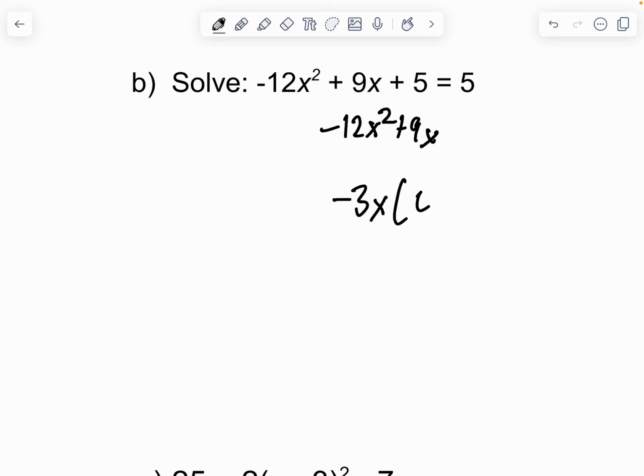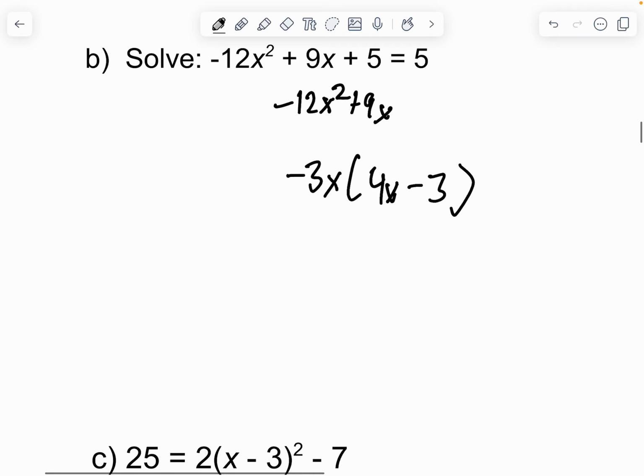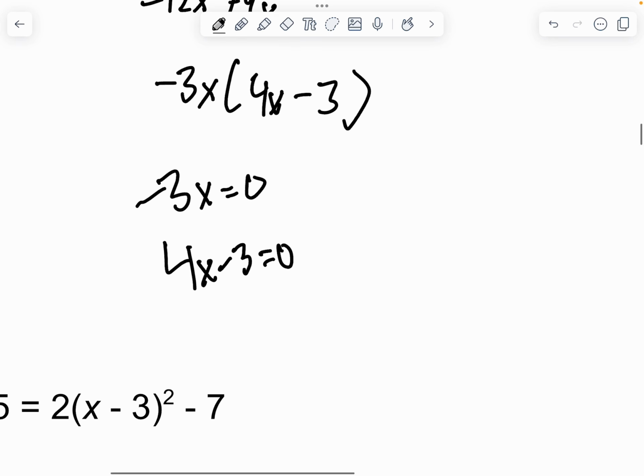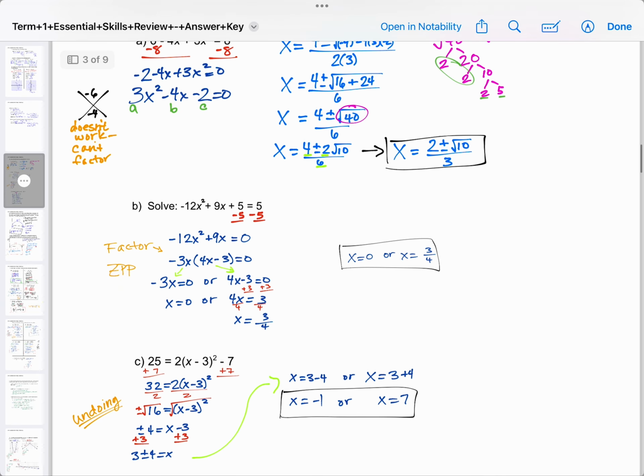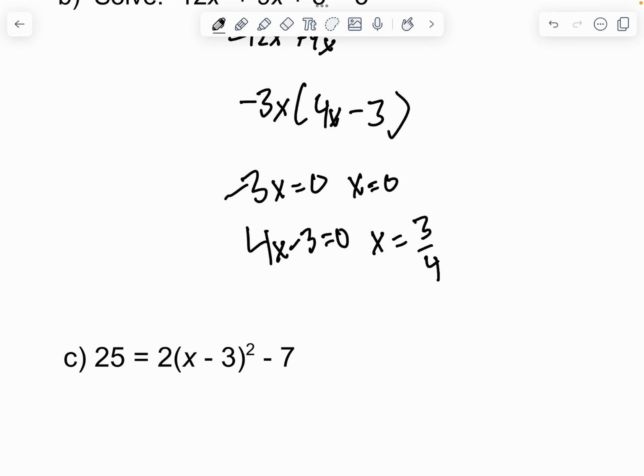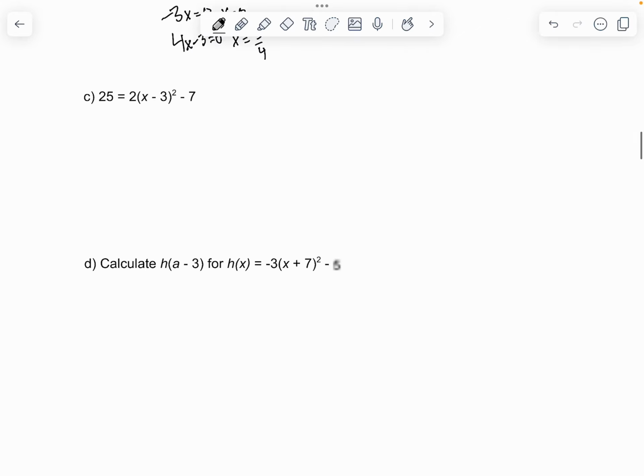So we're going to do 4x minus 3. So we're going to set these equal to 0. So our answers are going to be 0 and 3/4. Next one.